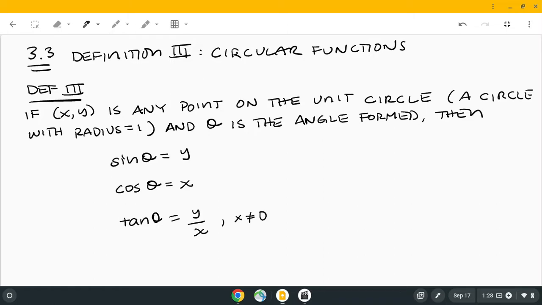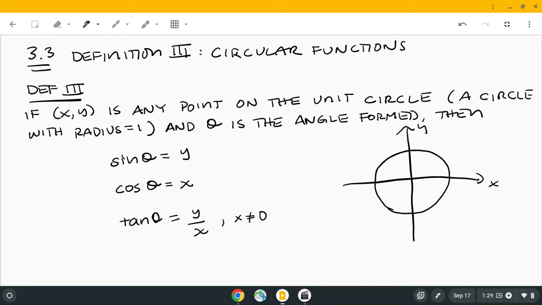Okay, let me do a drawing here. So suppose that you have this unit circle centered at the origin. Okay, and so if you have some point xy on the circle, maybe it's there, who knows, but it's somewhere on the circle.